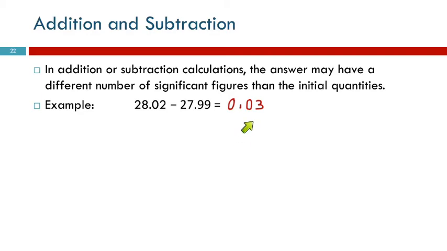Well, that's 2 decimal places. So that's correct. I don't even have to worry about rounding it. But this had 1 significant figure, and each of these had 4. But that easily happens with adding and subtracting. You can end up with much fewer sig figs or many more sig figs. Just depends. It's decimal places for adding and subtracting.